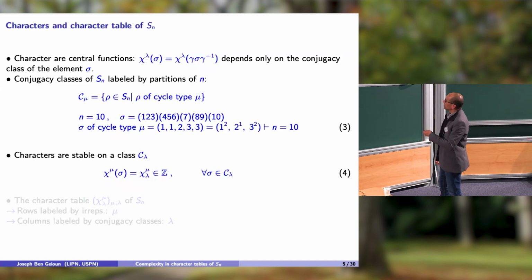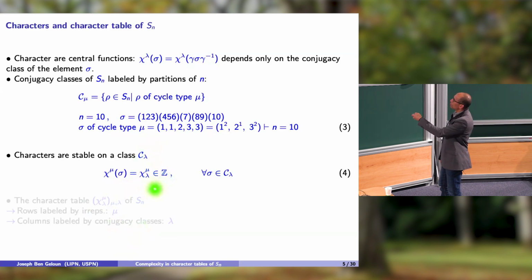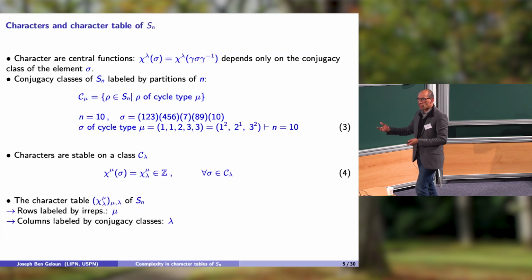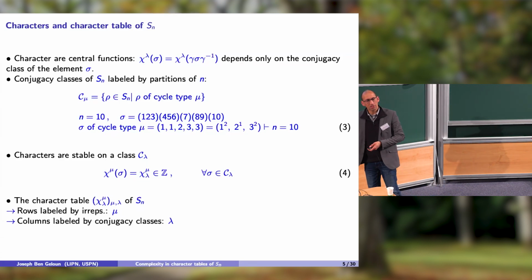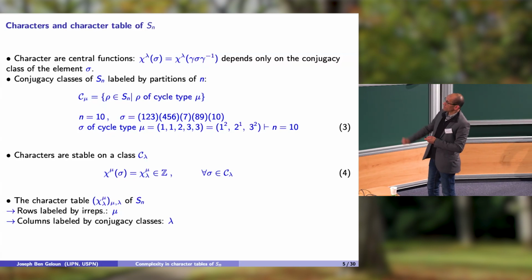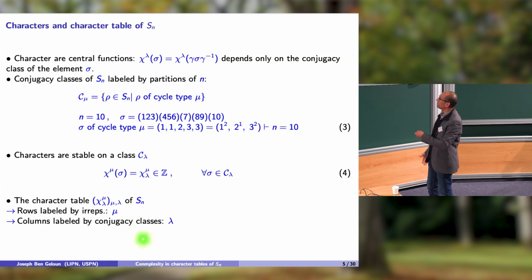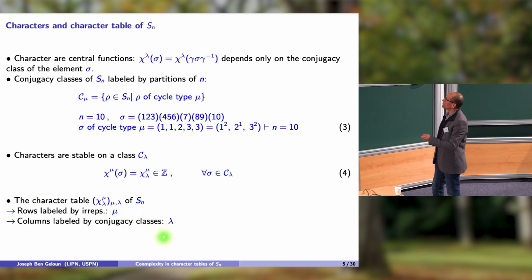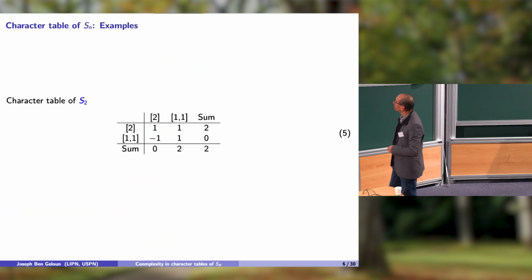So your character is labeled by two partitions: one for the representation, the dimension of your representation, and one for the partition labeling the conjugacy class on which you want to compute the character. In the table that we call the character table for Sn, rows are labeled by irreps. That's a convention, of course. And columns are labeled by conjugacy classes.